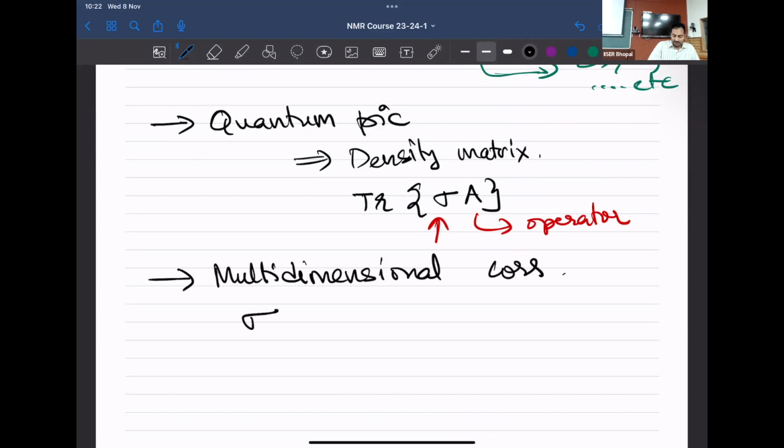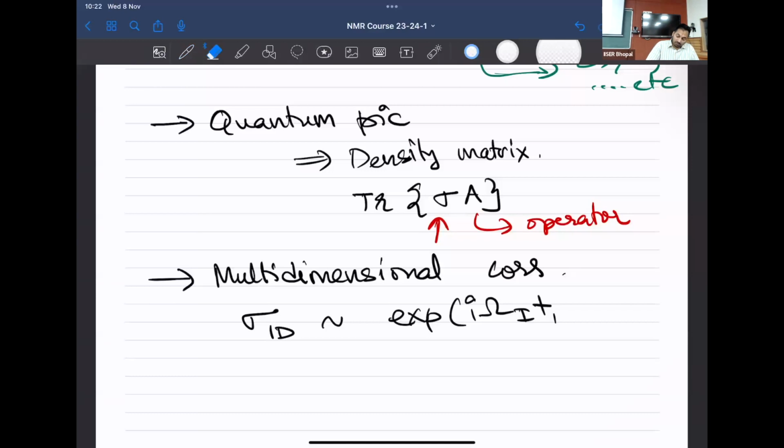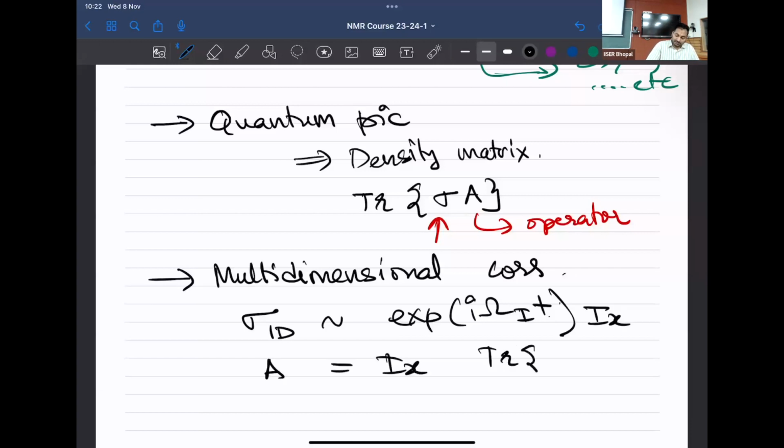Let's say that the density matrix for the one-dimensional NMR experiment was something of the sort of exp(i omega I t), and let's say you ended up choosing the operator as Ix so as to get the trace of sigma 1D times A as non-zero, and ended up measuring the oscillation for your chemical shift. This is what we did.